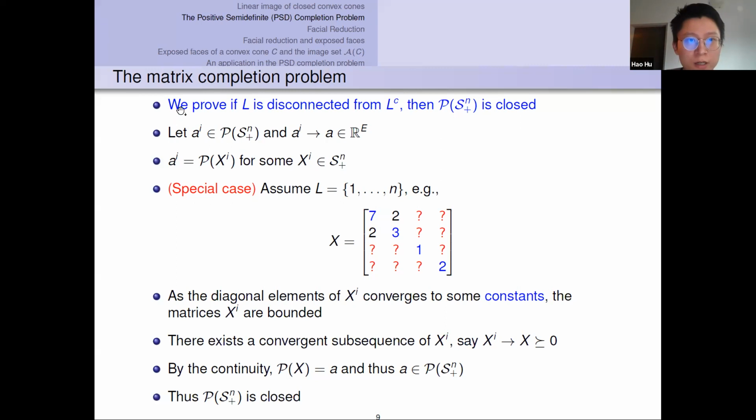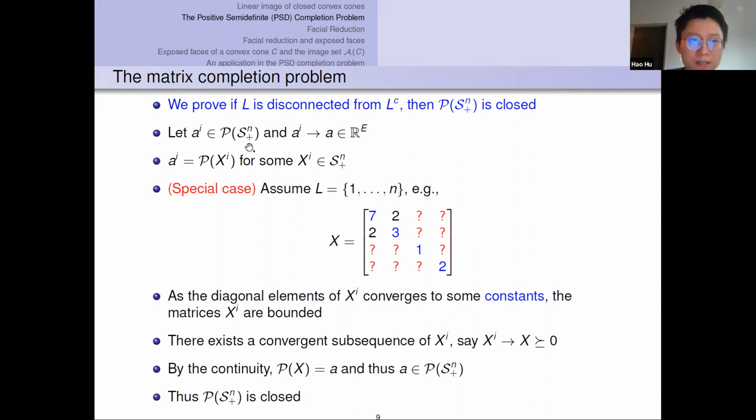So to prove this statement, we first go from the direction: if L is disconnected from L complement, then the image of the PSD cone is closed. As we mentioned already, to show that this image set is closed, we simply take a sequence in this set which has a limit A, and all we need to do is show A is also in the set, namely A is also PSD completable.